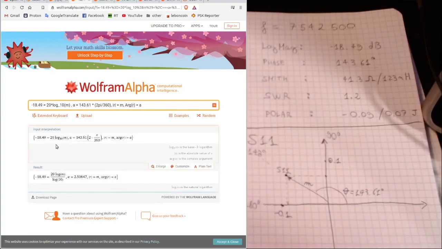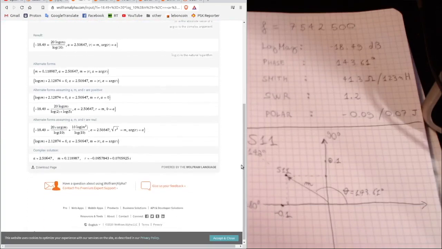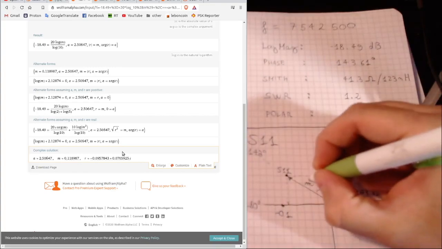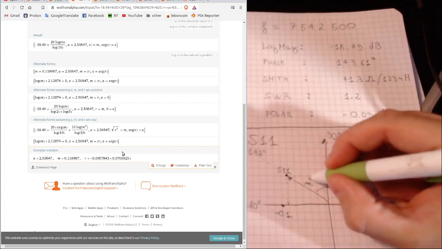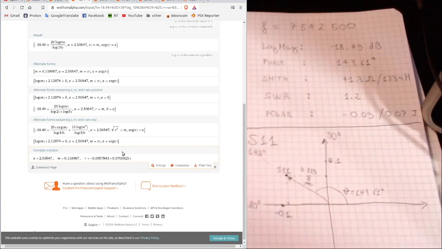It's doing a lot of calculation symbolically. And at the end we find that this m is 0.119, okay, more or less.